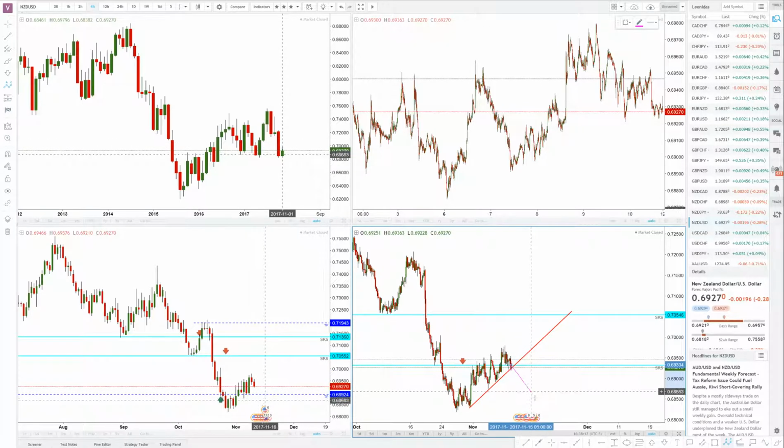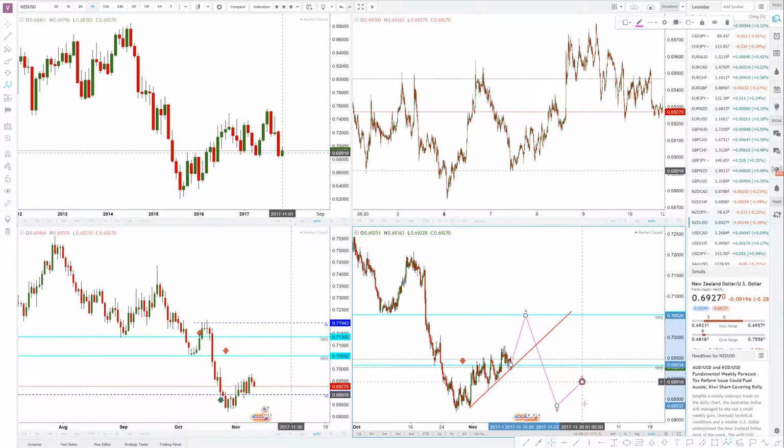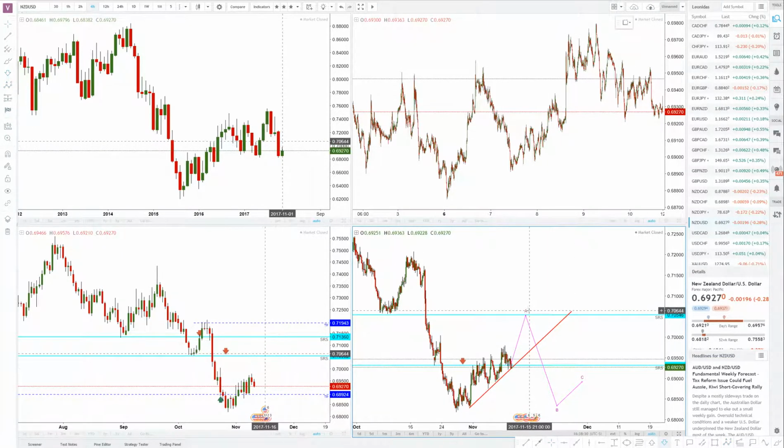I think it's more likely that we would just break this trend line and move lower. It would definitely be nice to sell this SRS, but the way it's acting right now, it looks like it's almost ready to just break it here, which means I need to tighten my stops on my longs because I bought it down here.